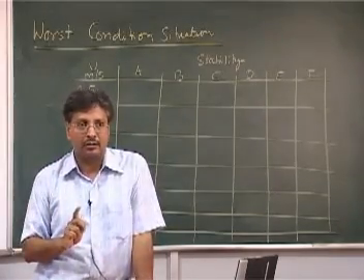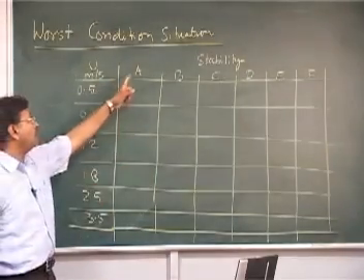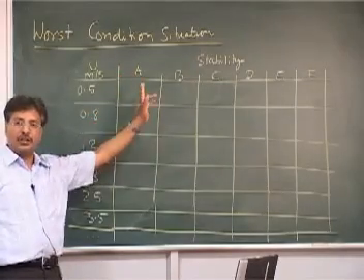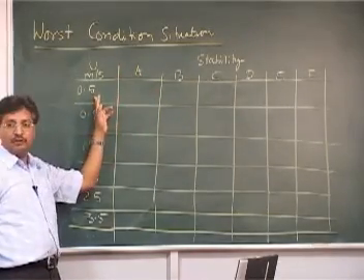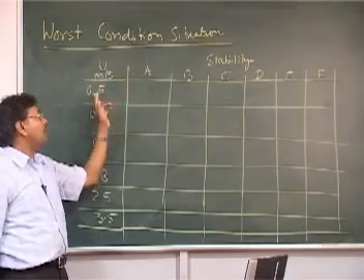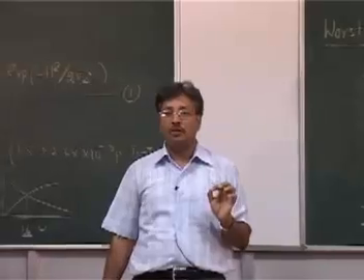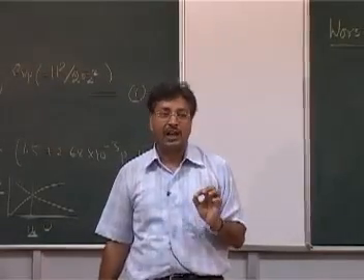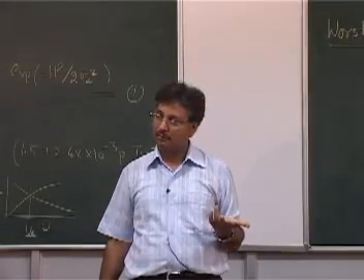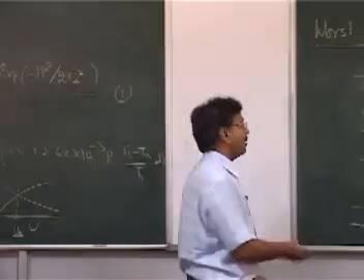Clear? I have assumed the conditions: stability A and wind speed 0.5 meters per second. These two are fixed. Can I find out the maximum ground level concentration for stability A and wind speed 0.5? Clear?